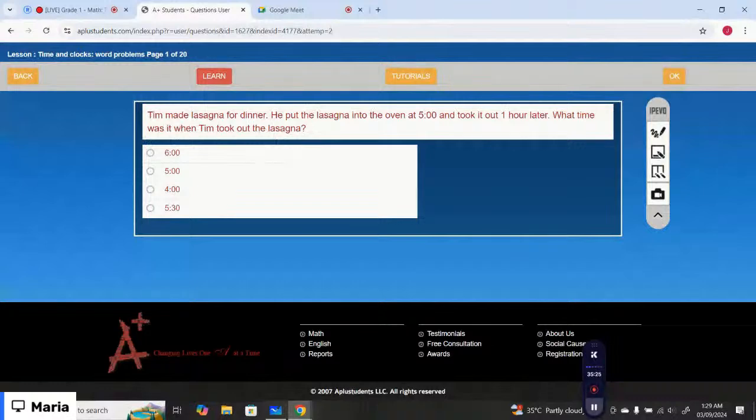And after 1 hour when he took it out, right? So which is the correct option? So after 1 hour, 5 plus 1 is 6. So that means when he took it out from the oven, that is 6. The correct option is 6.